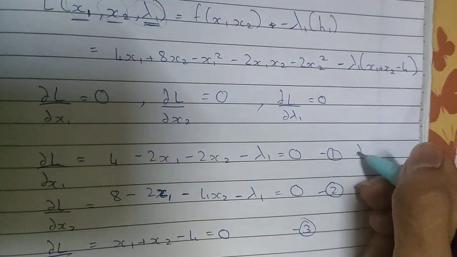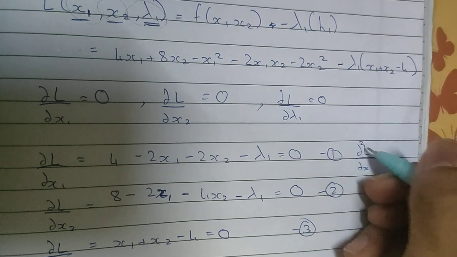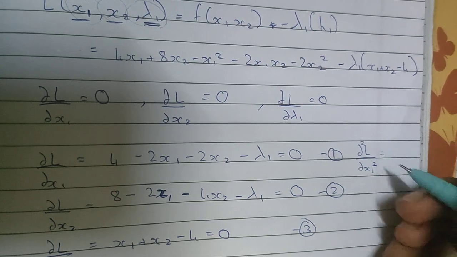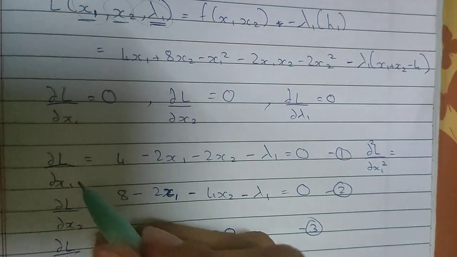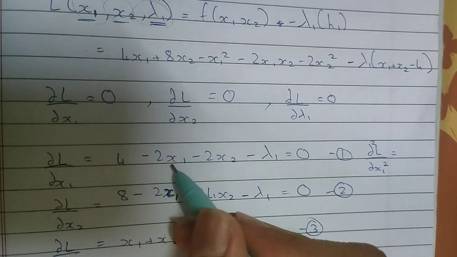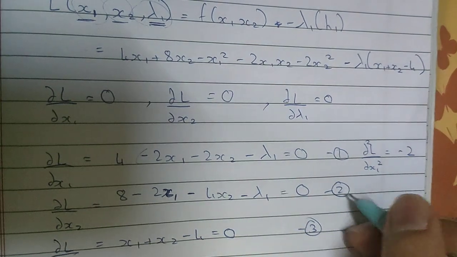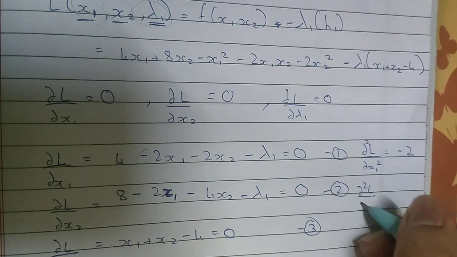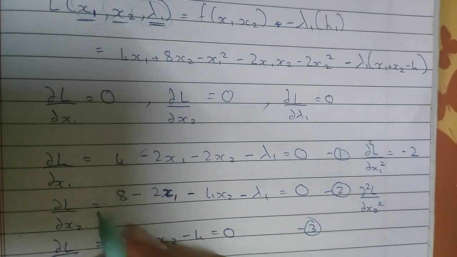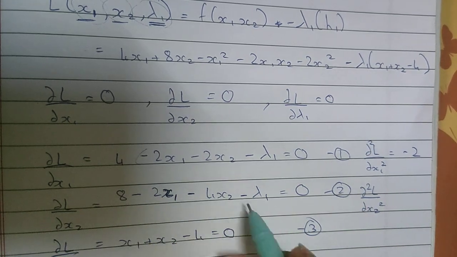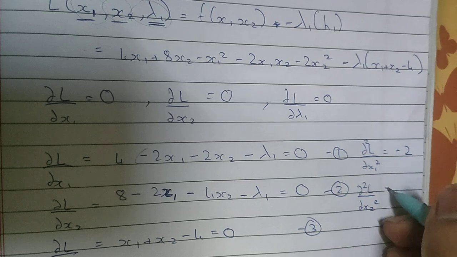Now let's look at the Lagrangian function. We first need to calculate del square L by del x1 square, like the second differentiation. We differentiate with respect to x1 again and get -2. For del square L by del x2 square, we differentiate with respect to x2 again and get -4.